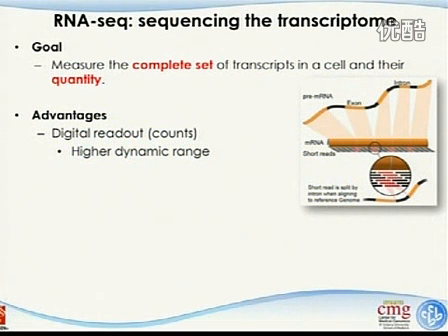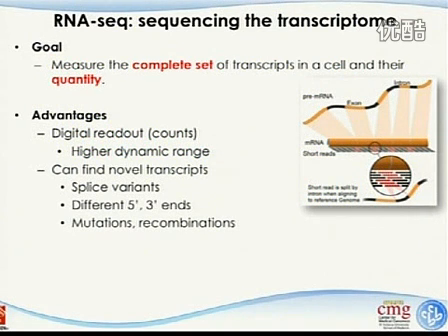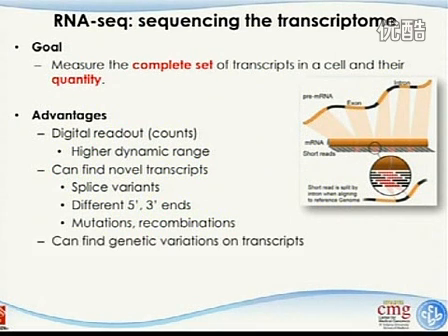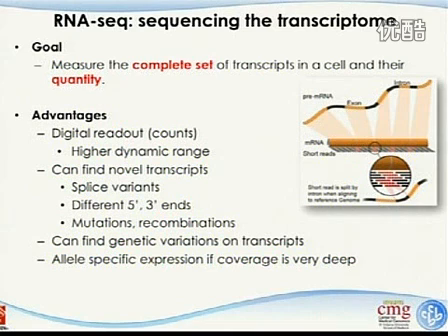And compared to array technology, this has a much higher dynamic range. You can also find novel transcripts, including splice variants, different 5' and 3' ends, and mutations and recombinations. All these things are impossible to find on microarray technology because you don't know they exist there. You can also find other genetic variations on these transcripts, and study allele-specific expression if your coverage is very deep.